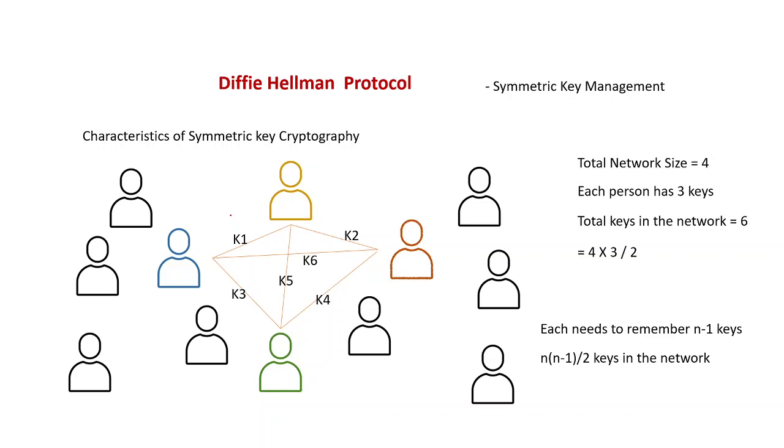Now the problem is not only one needs to remember n minus 1 keys, one needs to securely save n into n minus 1 by 2 keys in the network. And moreover, how will the two parties acquire the shared key in a secured manner?